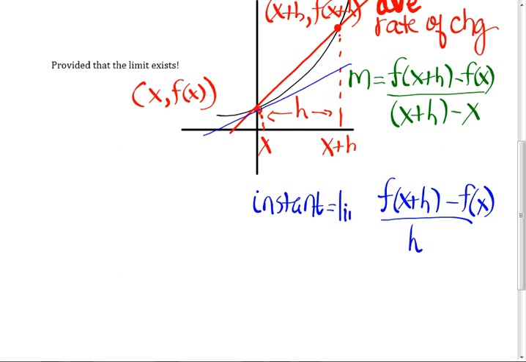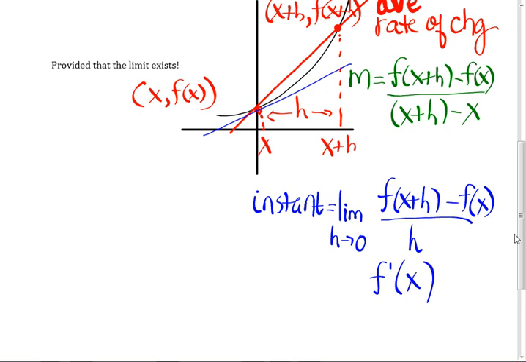Make it go to 0, because I want to find the slope of this line at a single point. Slope makes me have 2 points, so I get 2 points infinitely close together. I will find a limiting value. It's getting close to a certain value. That's the derivative. So that's f prime of x.